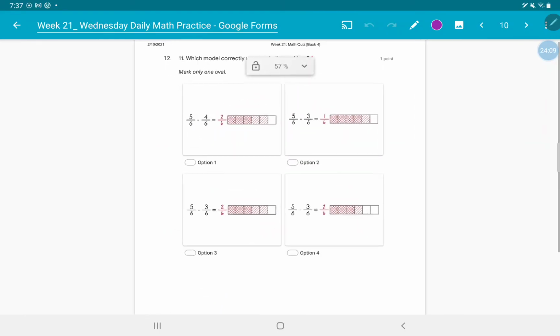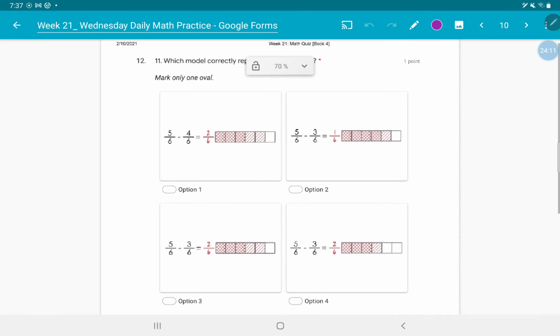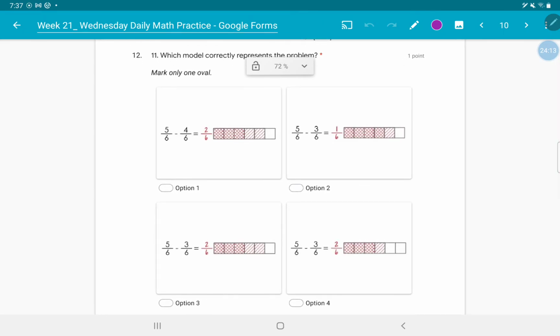All right. Next, we're looking for the model that correctly represents the problem. We're subtracting fractions, and in all of those, we have the same denominator. We have a denominator or bottom number of 6 in all, so we can go ahead and solve just by subtracting the numerators. 5/6 minus 4/6. 5 minus 4 equals 1.